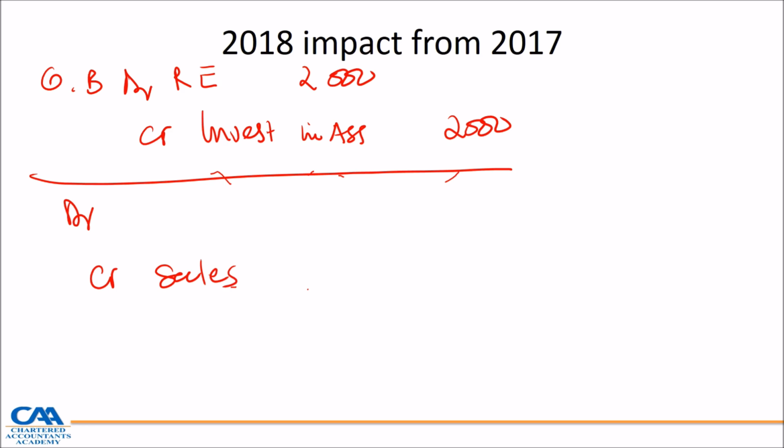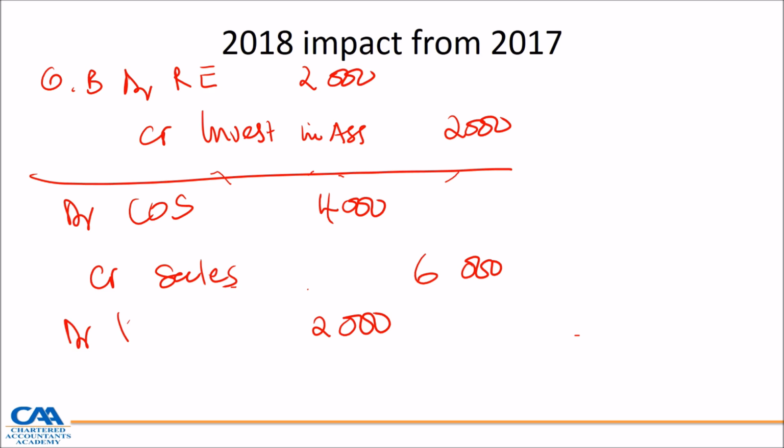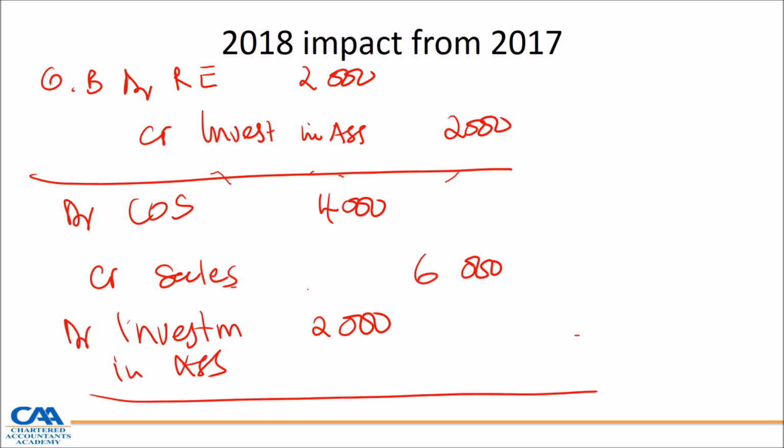They were unrealized, but they went to a third party in 2018. So in 2018, that's when I actually realized those sales of 6,000 and the cost of sales to the extent of 4,000. And my investment, which I said was overstated, I reduced it. Now the actual value has been created, so I can now increase my investment in my associate. So this will be the journal entry.